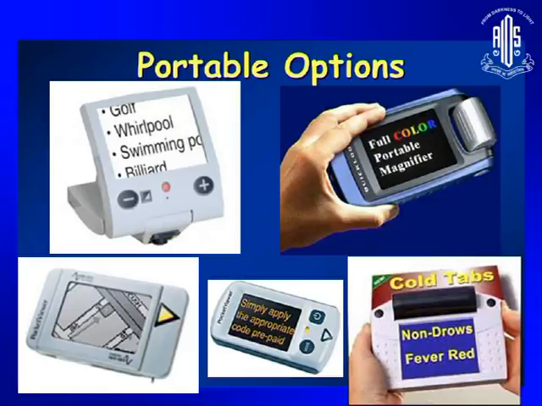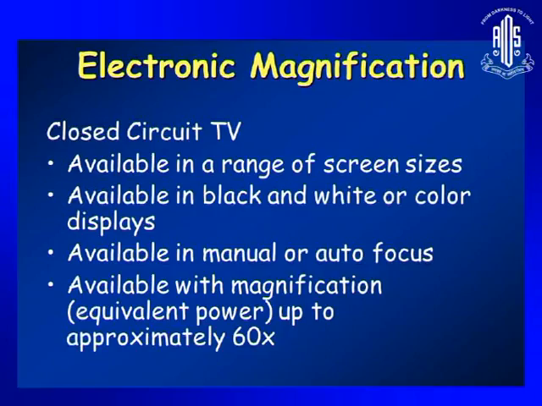Roughly the market price will be around 15 to 20,000 rupees. You get a reasonably good video magnifier. There are many advantages with these magnifiers because you can invert the colors, you can enlarge the magnification and then take a photo also and read it later. So those are the options available.